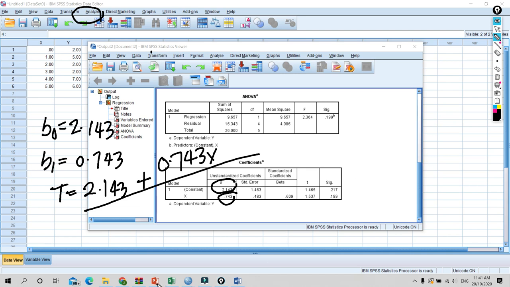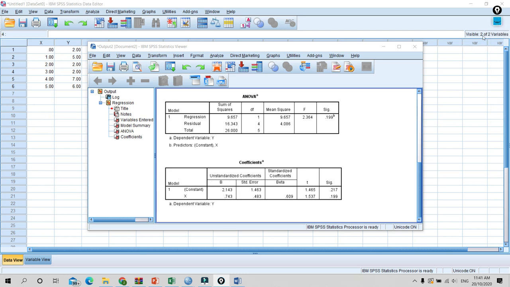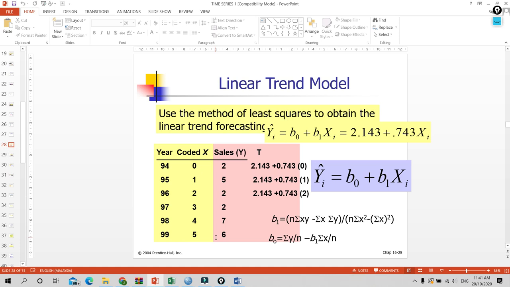This is how we solve the regression line, the linear trend line, by using SPSS.